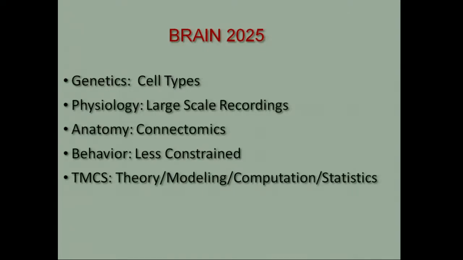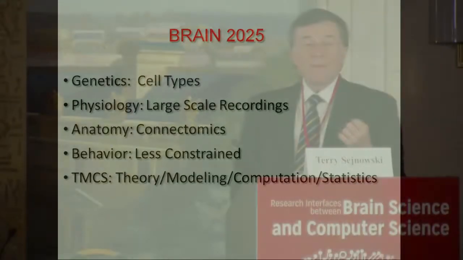Broadly speaking, the idea is to put together big databases. First of all, we don't know how many different types of cells there are in the brain. The place where a lot of work has been done is the retina, where we think there are on the order of 100, but that is just an approximation because there are many species with many different retinas.